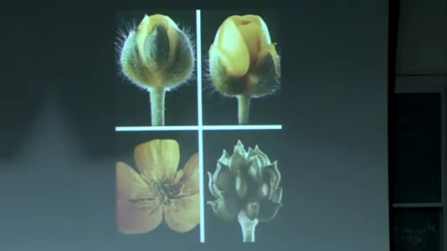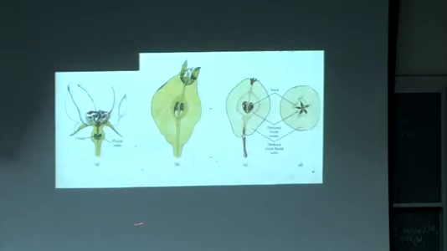Now, if we look at the next slide, here we can see the development, and this is the key, the development of the fruit. For the angiosperms, and this is an important point to put in your notes, the fruit, that is the structure which protects the developing seeds, comes from the ovary wall.